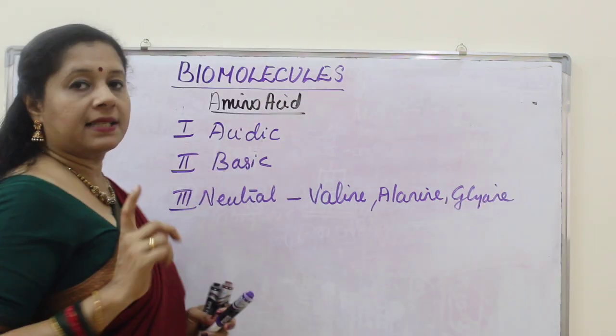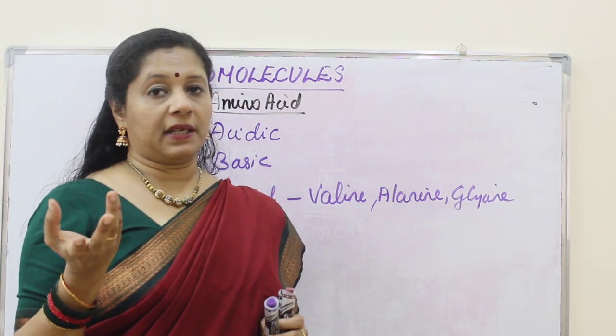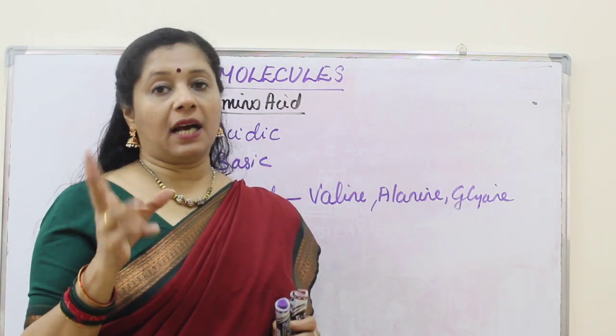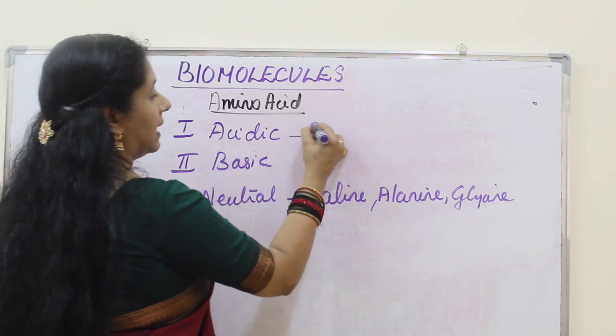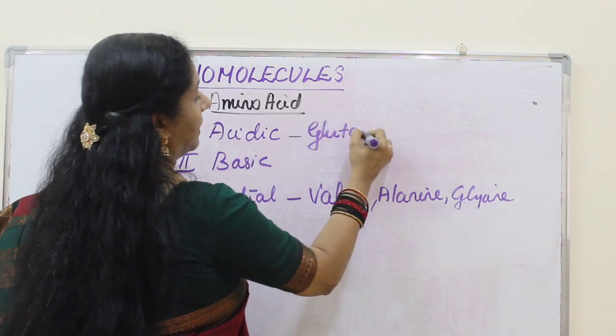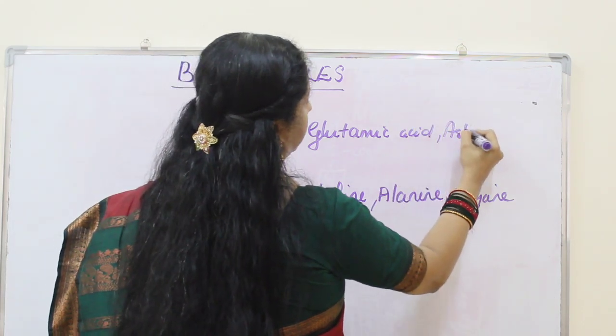Coming to acidic. Acidic means 1 amino group is there but 2 carboxyl groups are there. Monoamino dicarboxyl group. So the acidic group is more, so the amino acid becomes acidic. For example, glutamic acid and aspartic acid.